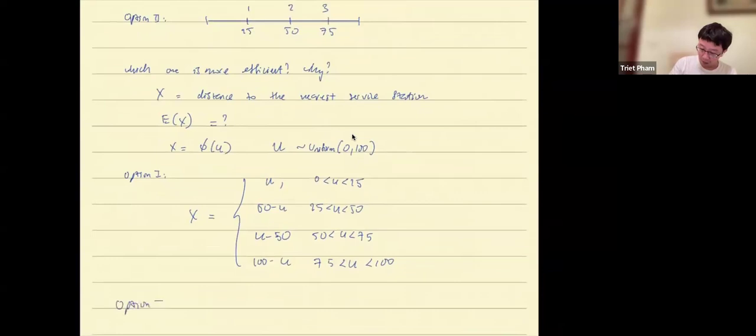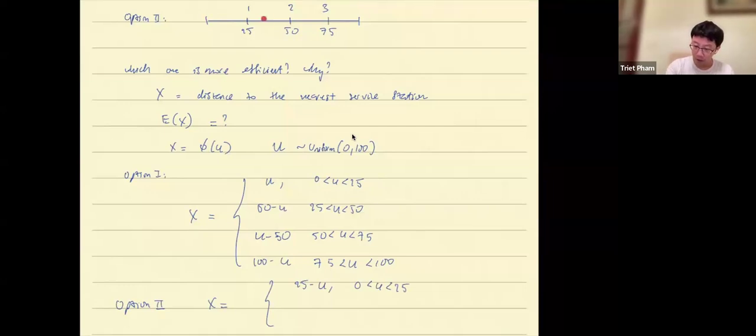With option 2, from 0 to 25, it's going to be 25 minus u, because there's no station here; the first one is here.